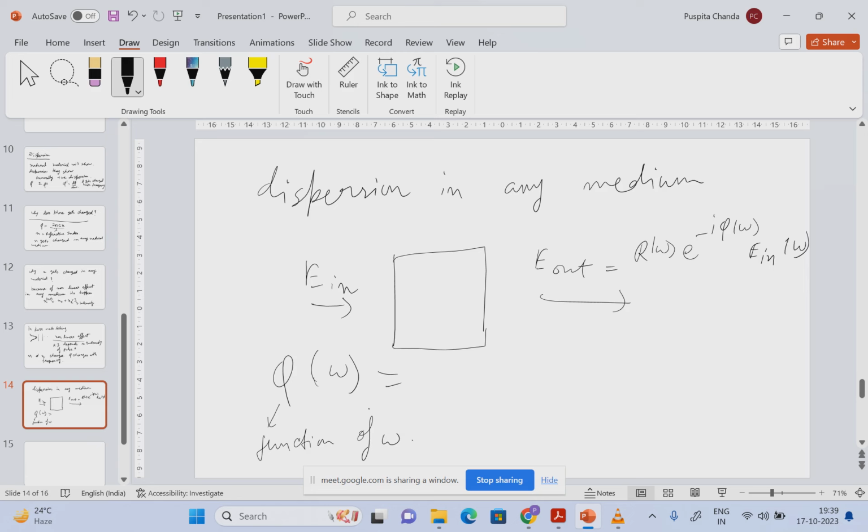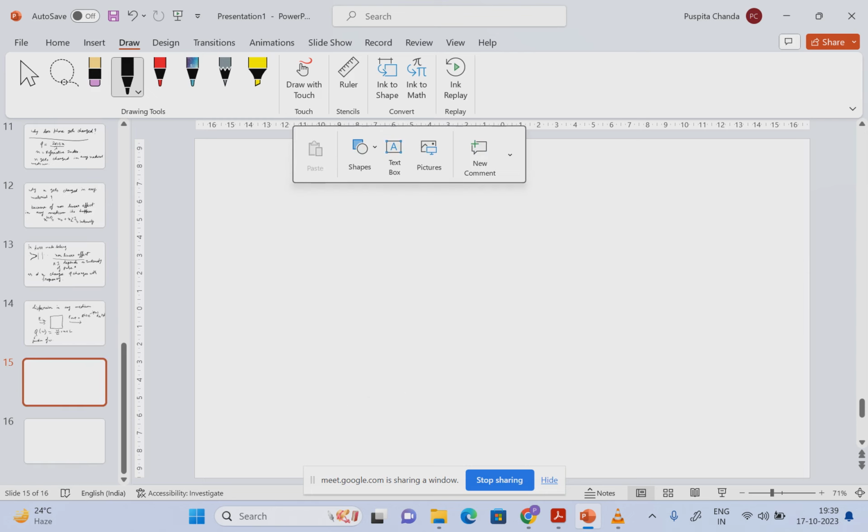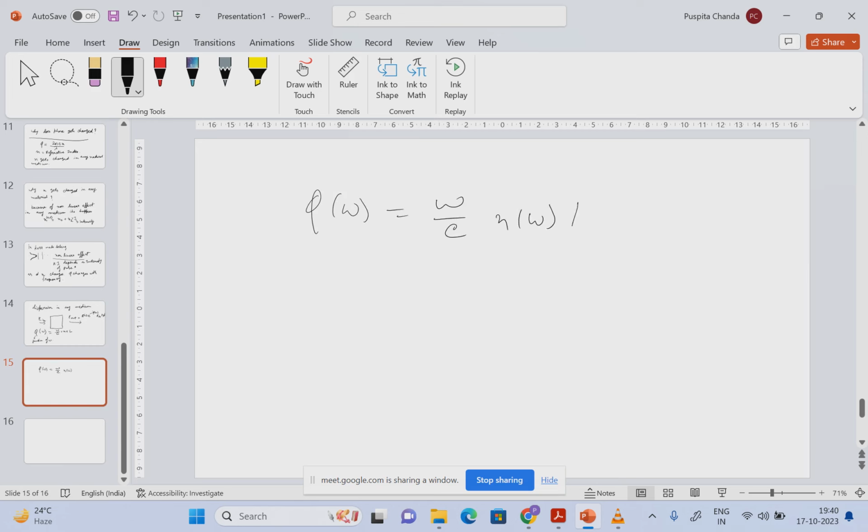So the phase phi can be written as omega by c into n into L, a function of omega.